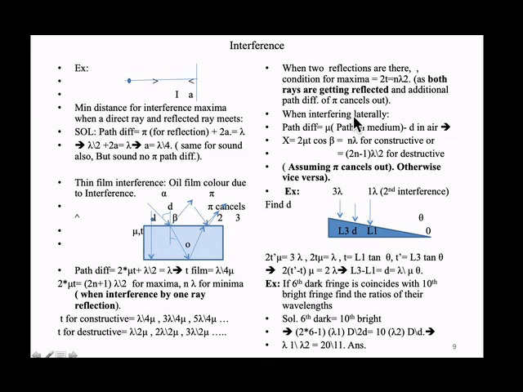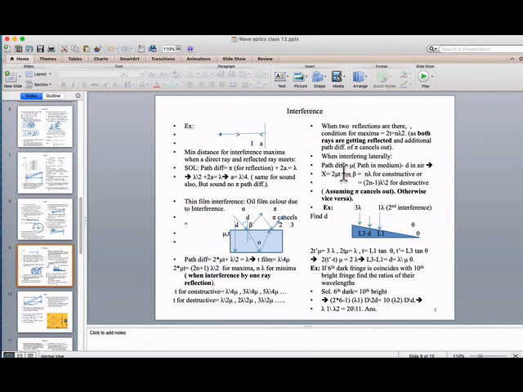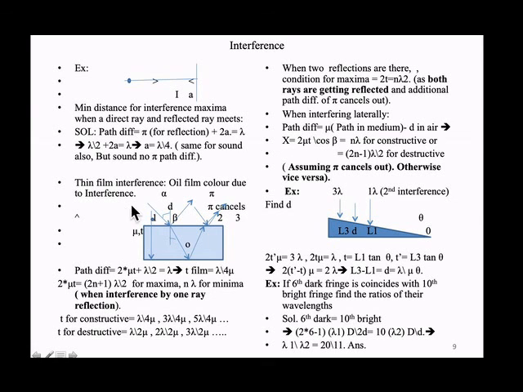So when interfering laterally, as I said, 2 and 3, what is the path it has moved? μt by cos β, and again μt by cos β.